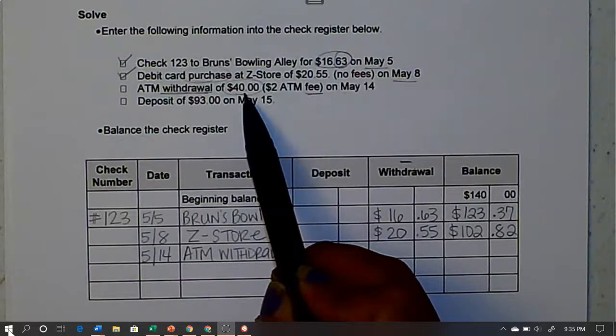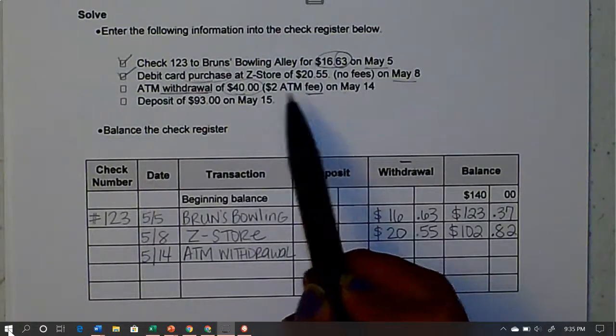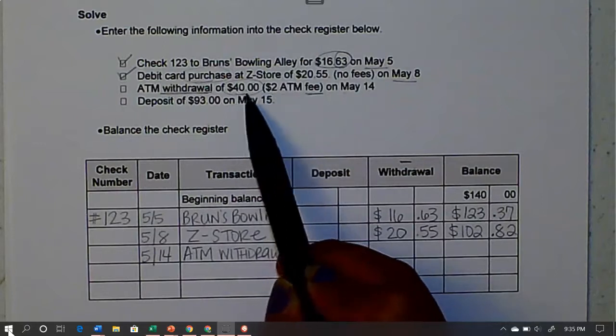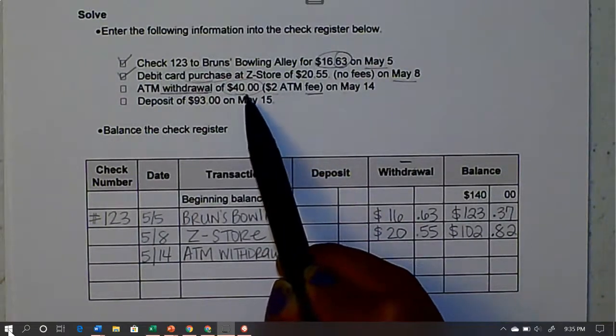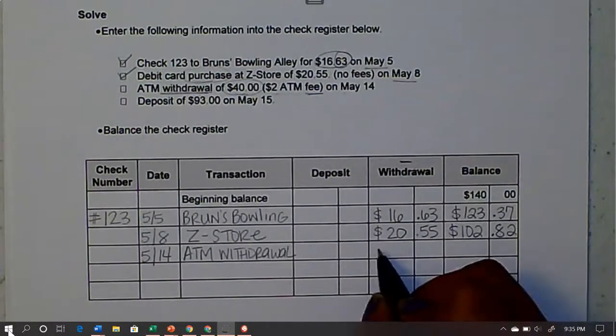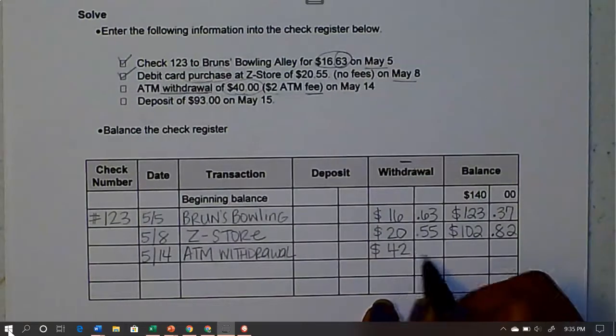But since there was a fee, I'm assuming maybe this person didn't use their bank's ATM, so they charged them a fee. So the total amount that we are withdrawing is the $40 plus the $2 ATM fee. So our withdrawal is not $40, but it comes out to be $42. So we're going to put that here under the withdrawal column, $42.00.